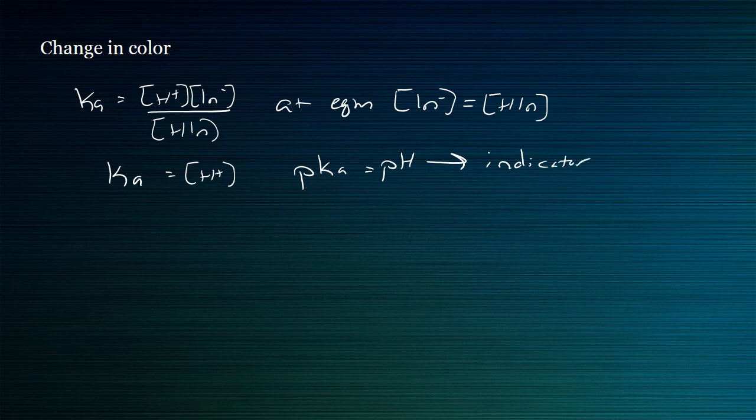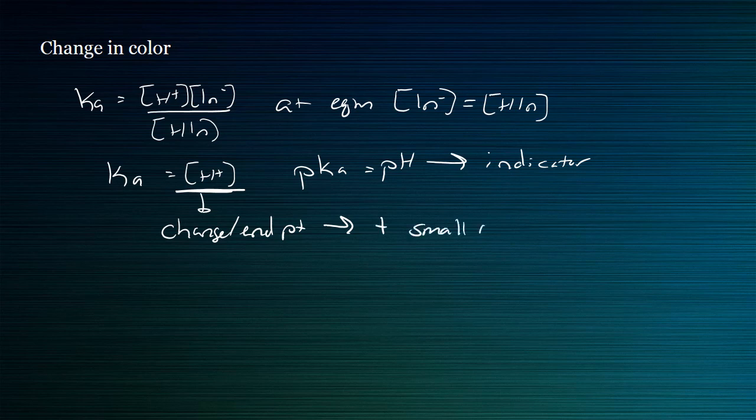Okay? And this is called the change point or end point. So when this occurs, and as we add a small amount of an acid or a base, you're going to shift your equilibrium, and that's going to change the color.